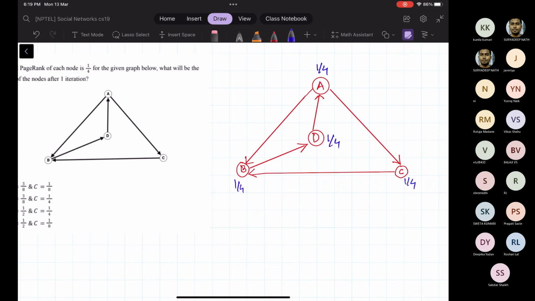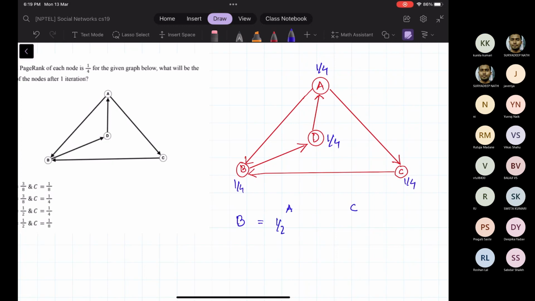If you look at page rank of B after one iteration, it gives away its 1/4 entirely to D, but receives something from A and something from C. From A, what it receives is half of 1/4.